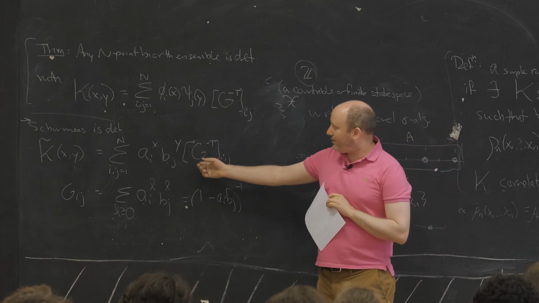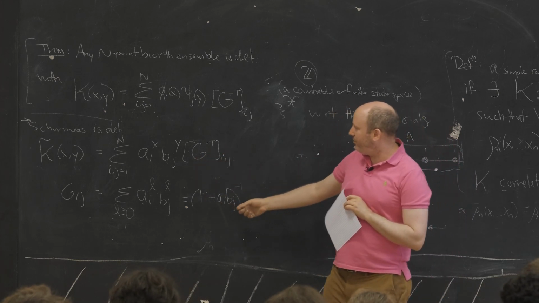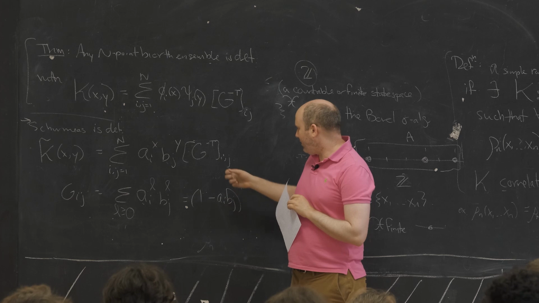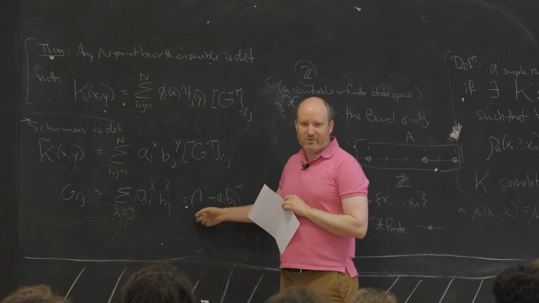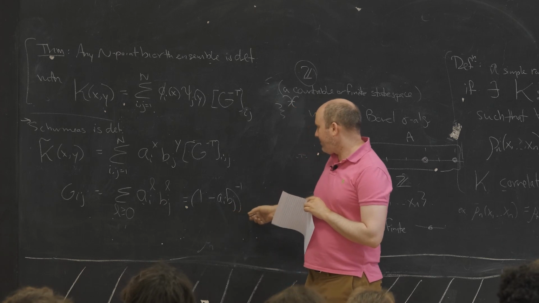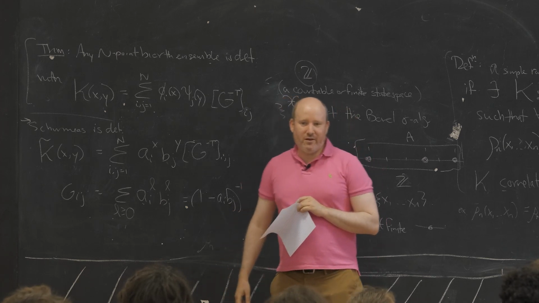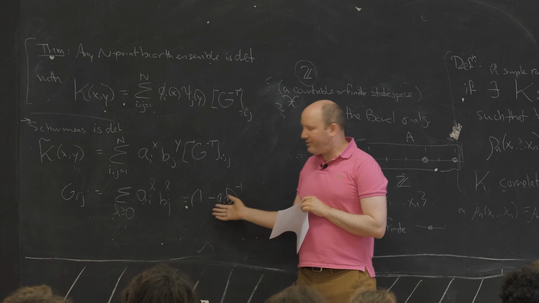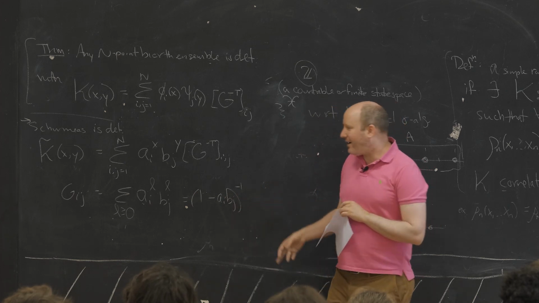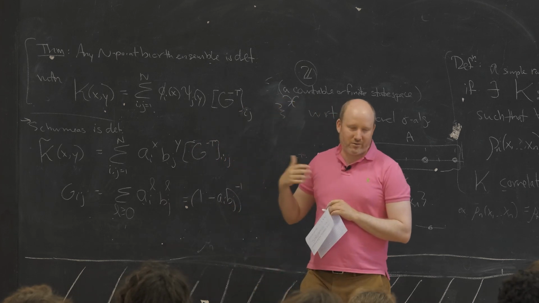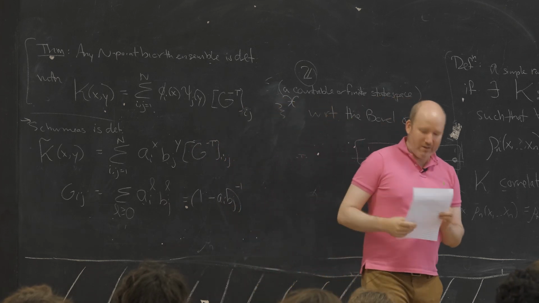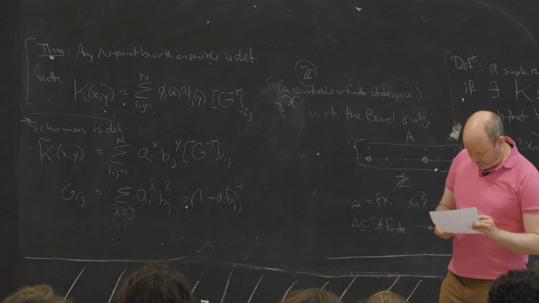So in order to get this correlation kernel, I need to compute the ijth entry of the inverse transpose of this matrix. Now that might seem complicated, but this is a pretty nice matrix. In fact, you can always compute the coordinates of the inverse of a matrix using Cramer's formula, or Cramer's rule.